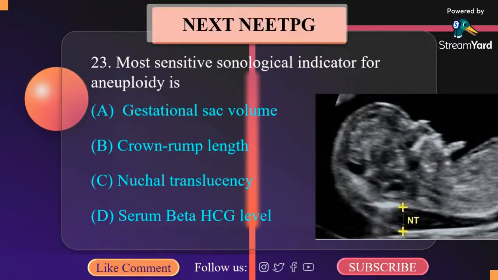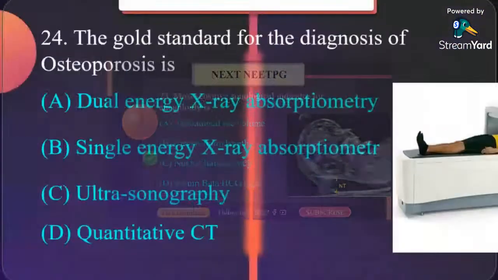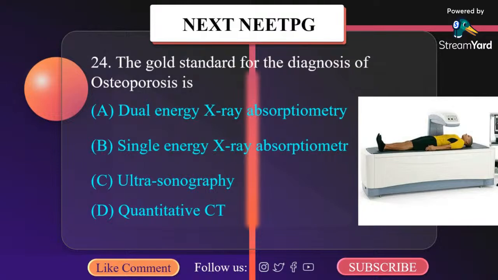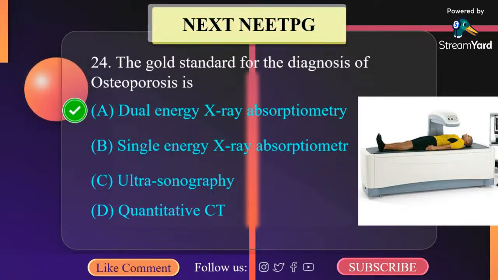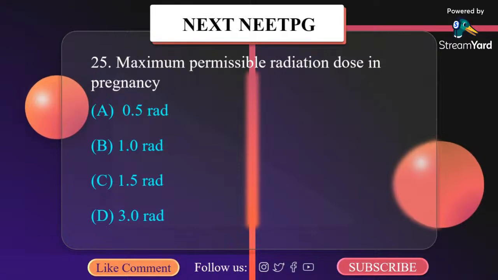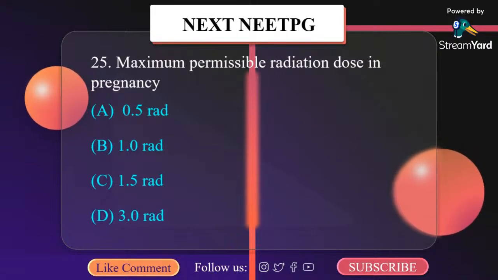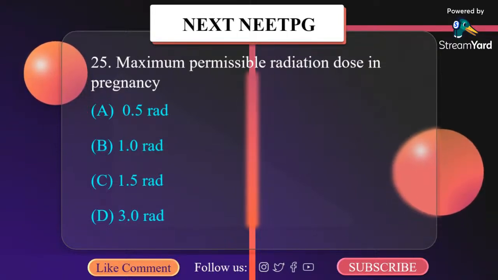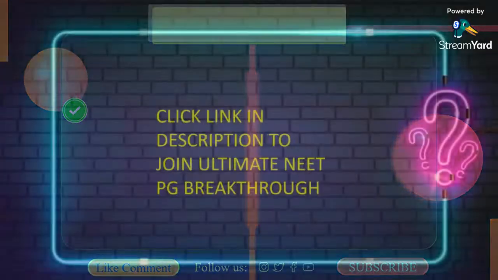It is nuchal translucency. The gold standard for diagnosis of osteoporosis is dual energy X-ray absorptiometry, single energy X-ray absorptiometry, ultrasonography, or quantitative CT. It is dual energy X-ray absorptiometry. Maximum permissible radiation dose in pregnancy is A. 0.5 rad, 1 rad, 1.5 rad, or 3 rad. It is 0.5 rad.